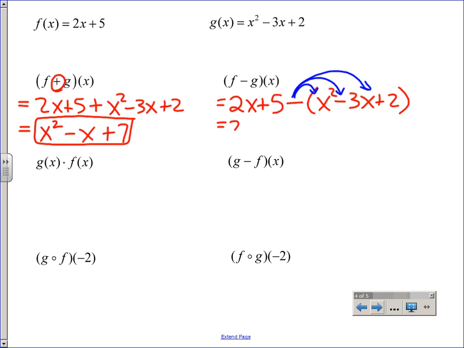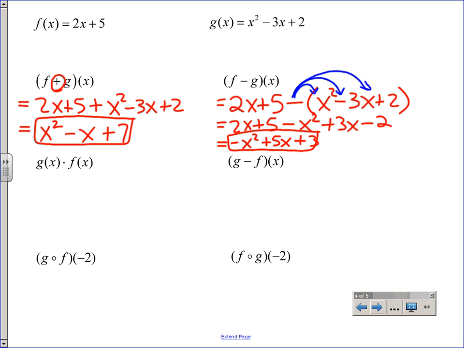So we're going to get 2x plus 5 minus x squared minus a negative 3x, which makes plus 3x minus 2. Putting them in order, again, makes it minus x squared. Now you have 2x plus 3x, which is 5x, 5 minus 2, which is 3, and we're finished.